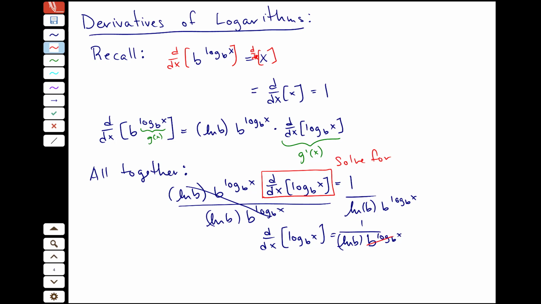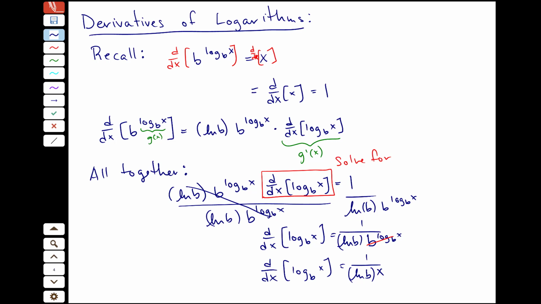That b and the log base b cancel out. And so all in all, I get that the derivative of any logarithm base b is 1 over the natural log of b times x.